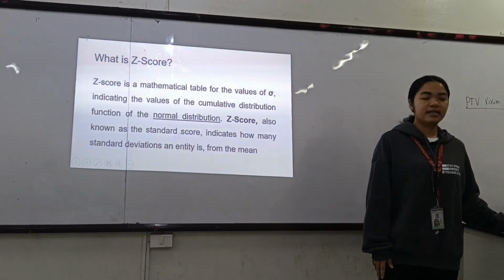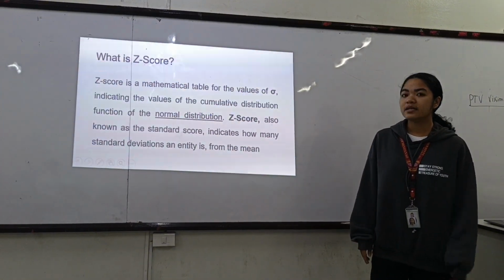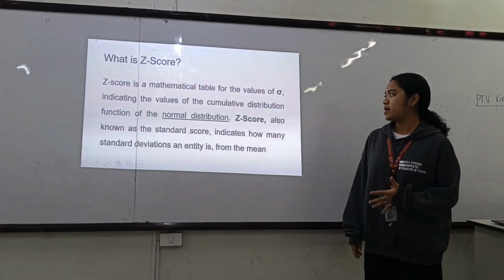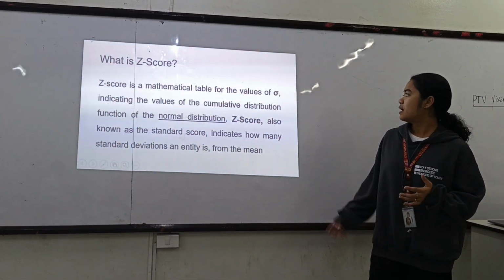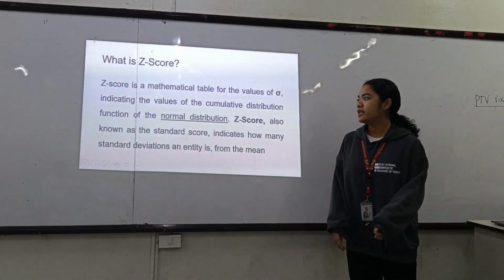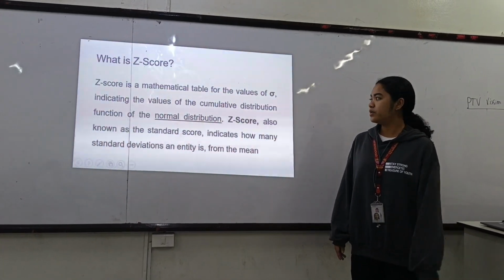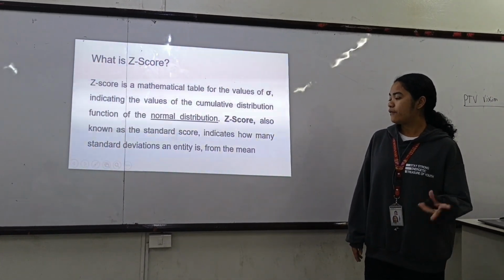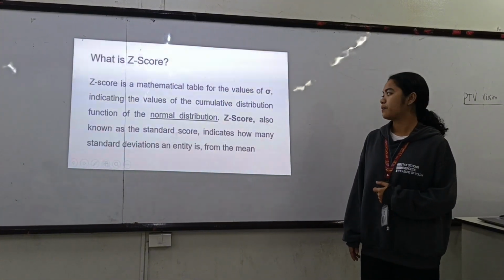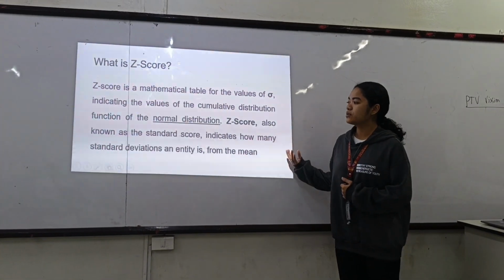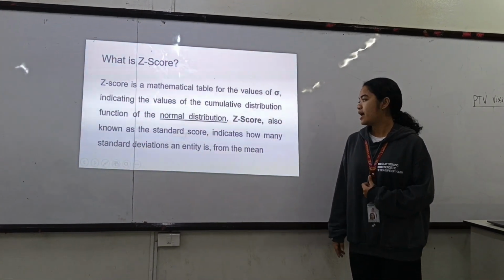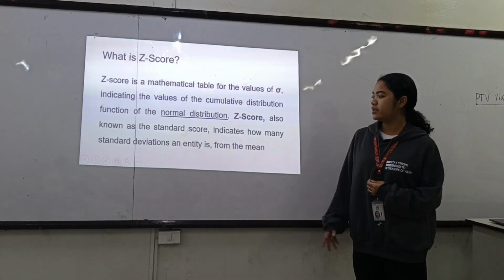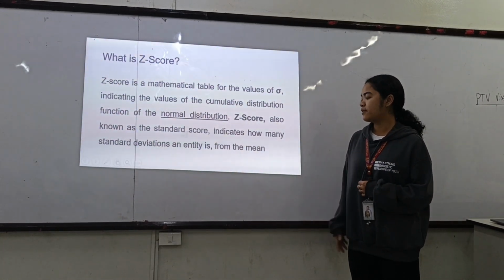So what is z-score? Z-score is a mathematical table for the values of standard deviation, indicating the values of the cumulative distribution function of the normal distribution. Z-score, also known as the standard score, indicates how many standard deviations an entity is from the mean.